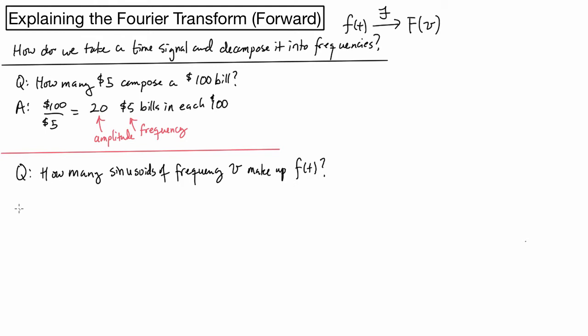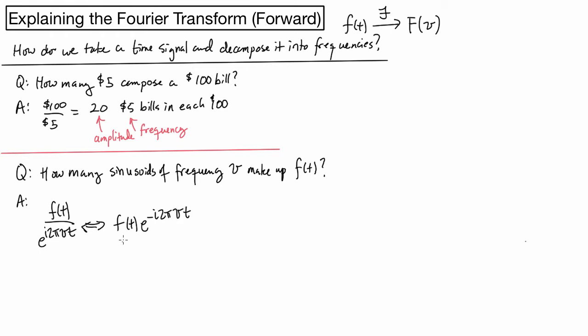Well, I'm going to actually answer this in the same way, believe it or not. I'm going to take my function f of t and divide it by the format that we discussed in the previous video for sinusoids of frequency nu in the complex plane. And it looks like this. And we understand that that is the same as this.